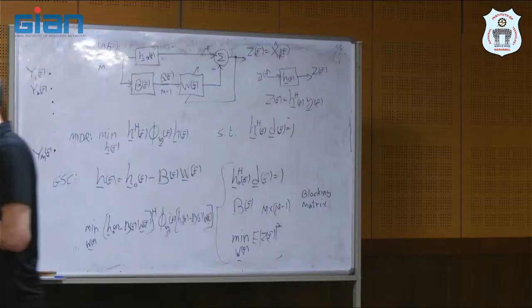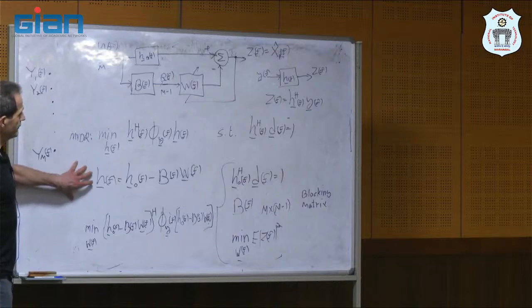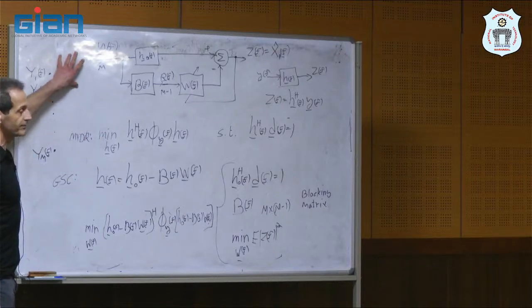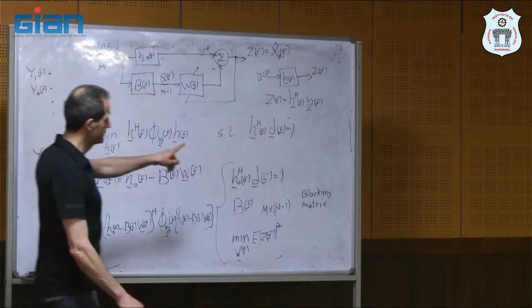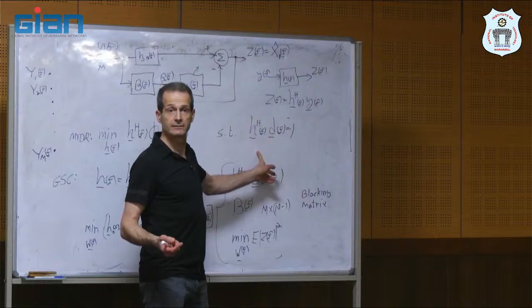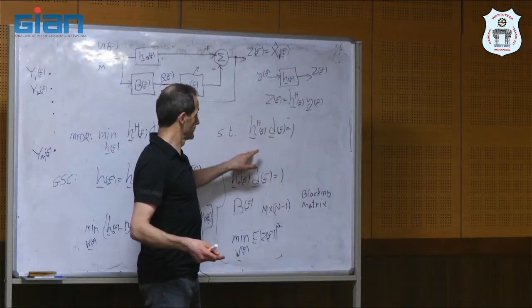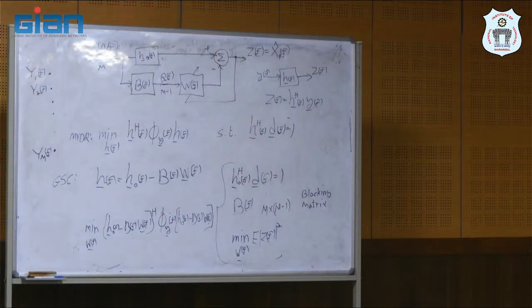Now, it's possible to provide a solution not only to the MVDR, but also to the LCMV. This extension is very, very easy. Instead of one constraint, with the LCMV we have multiple constraints. Let's see it on the slides, how it provides a very nice solution.